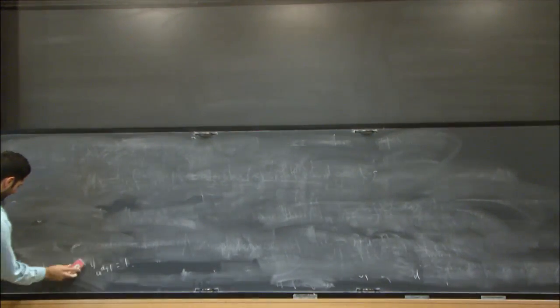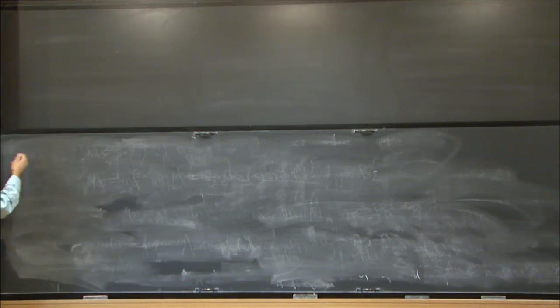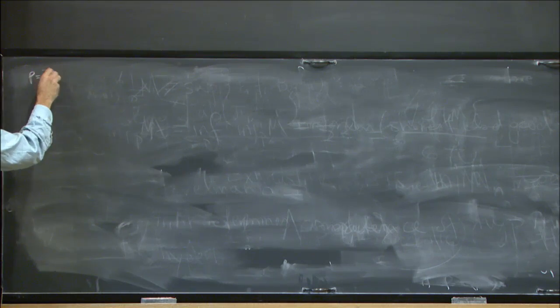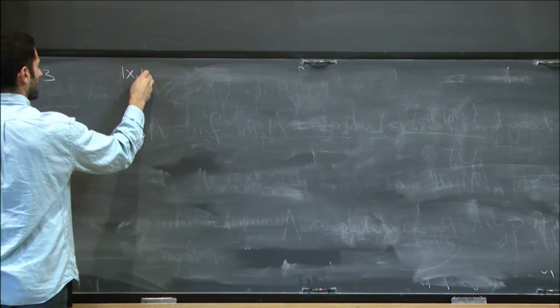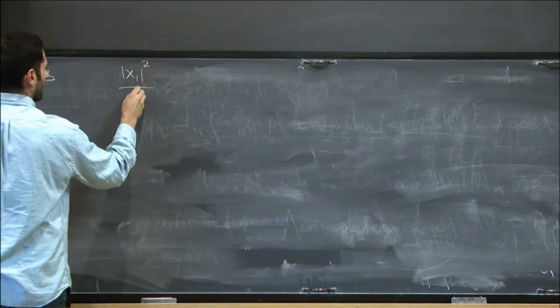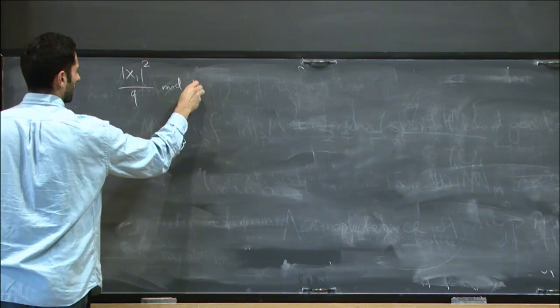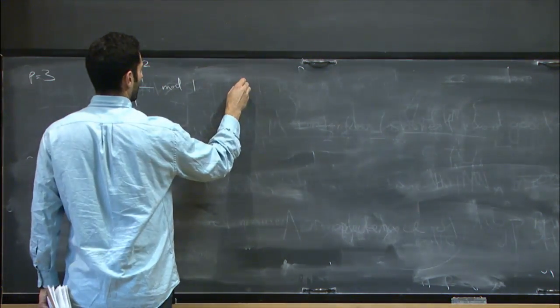I can't say much about why it is true, but here is an example. Let's say p is equal to 3, then x_1 squared over 9 mod 1 is a non-classical polynomial.